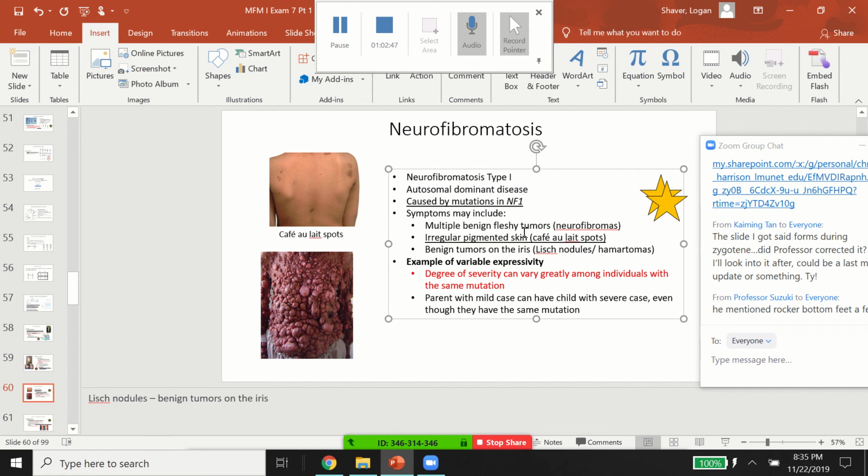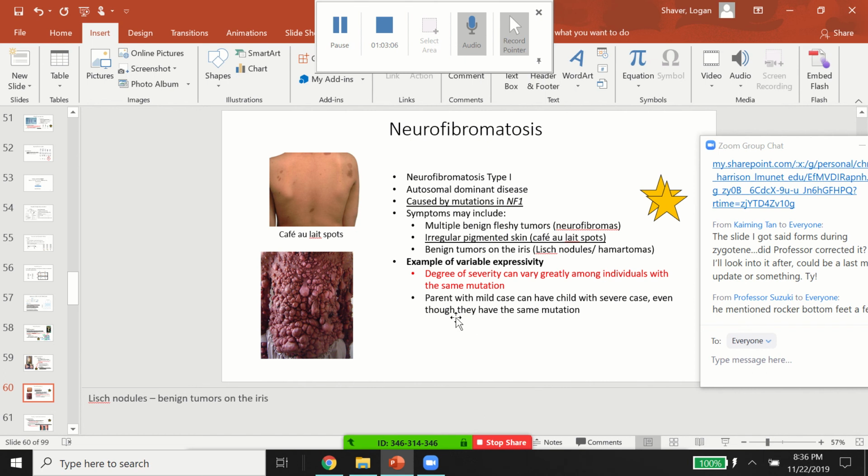I'm not really sure. But pretty much every time they mention it on the exam or anywhere, they mention these spots. So that's super high yield in terms of neurofibromatosis. But typically, you just always think of spots and tumors with neurofibromatosis. That's the way I think about it.